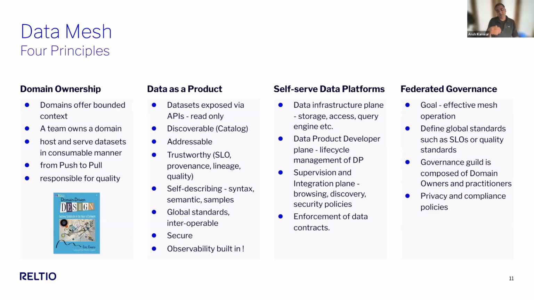And I think the best, most interesting, at least, description that I've seen is thinking of the data platform as this low-level infrastructure plane, right? That's where you store your data and you have a query engine and you optimize the heck out of those queries and whatnot. Above that, you have a productivity plane for all the folks, the domain developers and owners, product owners, who are publishing their data products into this platform.